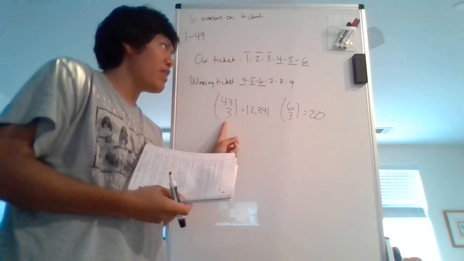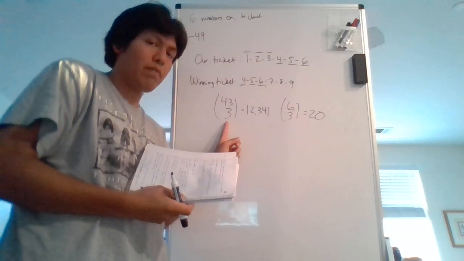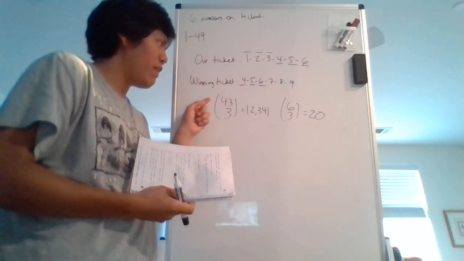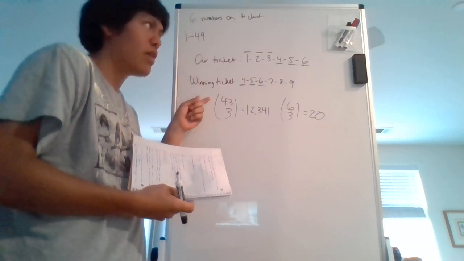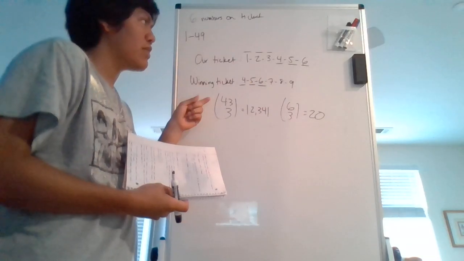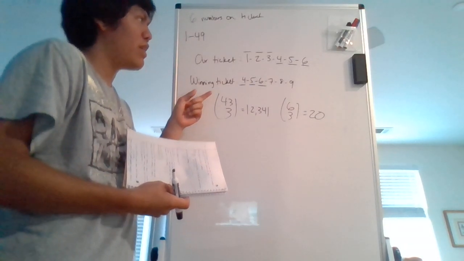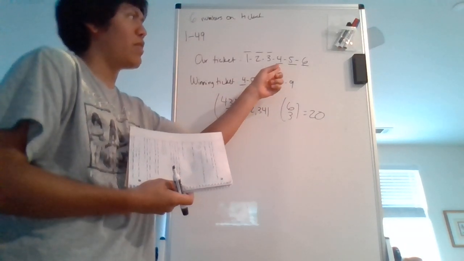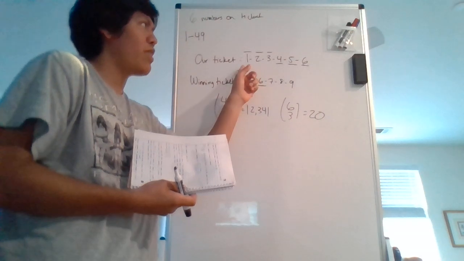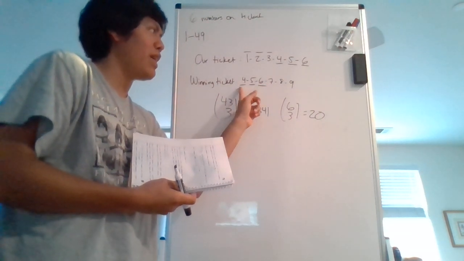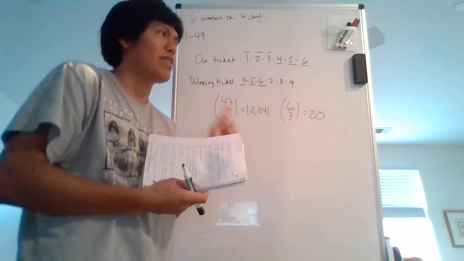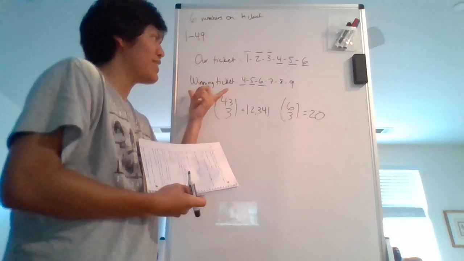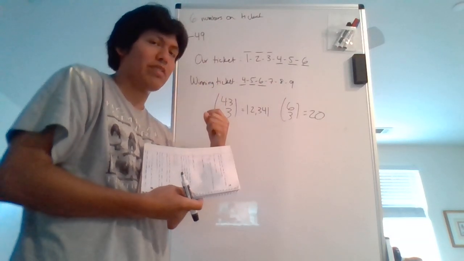And for the remaining 3 non-winning numbers, we have to choose from 43, because 3 numbers are winners, 3 numbers are non-winners, but they can't be any of the numbers that are in the winning ticket. So it's like saying this winning ticket ate up 6 numbers already.